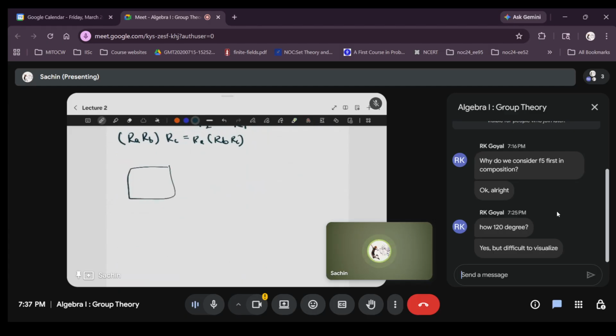So again, for a square, if you label the vertices W, P, G, B, white, pink, green, and blue, then if you don't rotate it, it will be simply rotation by 0, which is the identity.